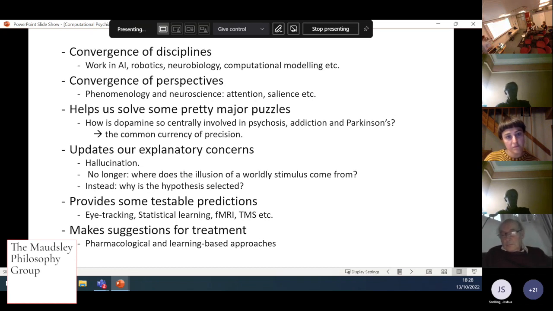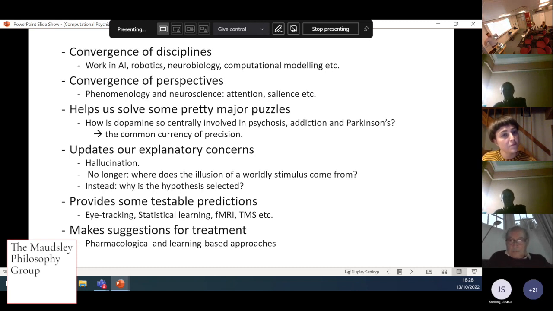It helps us to solve some pretty major puzzles. So how is this sort of magic molecule, dopamine, somehow centrally involved in psychosis, addiction, and Parkinson's? Well, predictive processing says, all of this stuff at that level of description seems really heterogeneous. But if you go down to the common currency of precision, then it kind of makes sense.